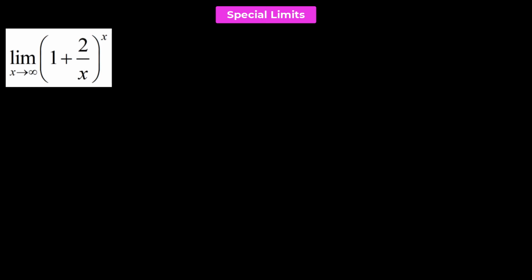Let us do one problem. Here we have the function 1 plus 2 over x whole raised to the power of x, and we have to find its limiting value when x approaches infinity. When we substitute for the value of x, we have 1 plus 2 over infinity raised to the power of infinity, and that gives us the indeterminate form 1 raised to the power of infinity. So we can use the definition.